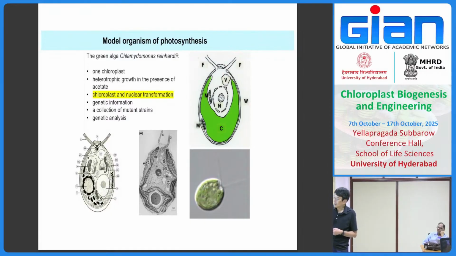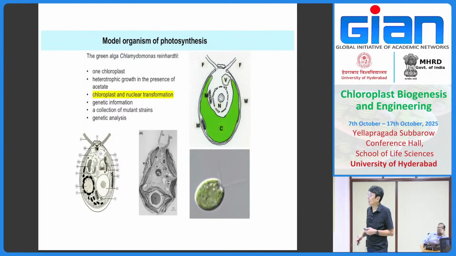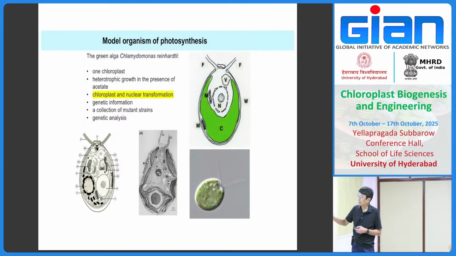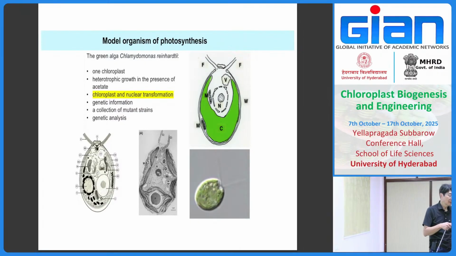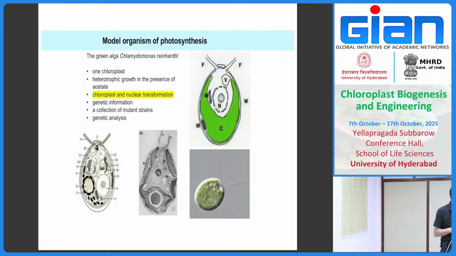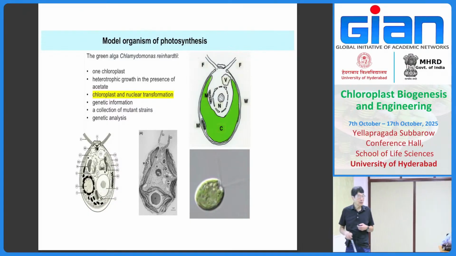The chloroplast DNA is present in the stroma of the chloroplast, forming a nucleoid complex with DNA and proteins, and some are loosely associated.